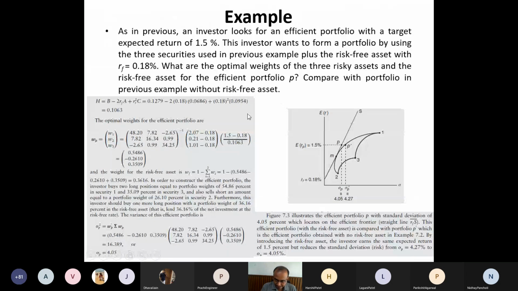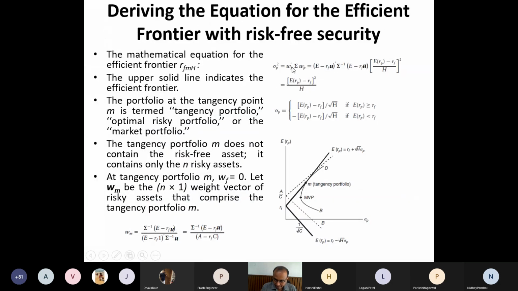Then I found sigma p square by substituting the optimum weight WP bar, and arrived at a relation between sigma p and ERP, which, as expected, is a straight line. So here all relations are straight lines, whether weight versus ERP or sigma p versus ERP. In the previous case with only risky securities, the relation between sigma p and ERP was curved, a hyperbola. That is the difference, and we have determined those equations.